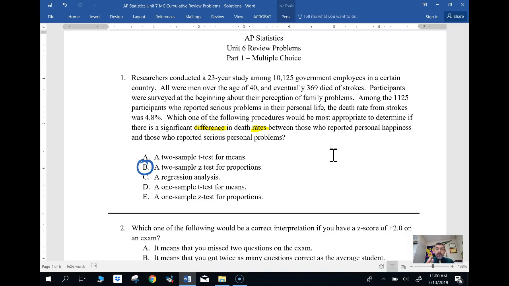When we look, we have a significant difference. Whenever we have the word significant difference, statistically significant, we're talking about whether or not we're going to reject a null hypothesis. If we reject a null hypothesis, then our evidence is statistically significant.